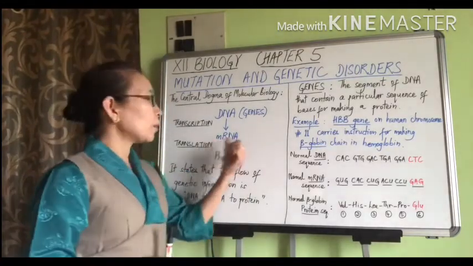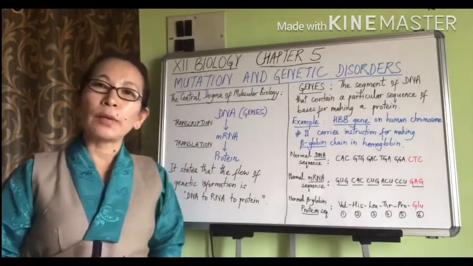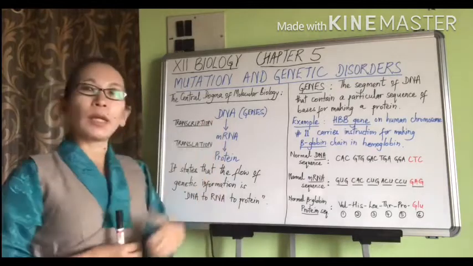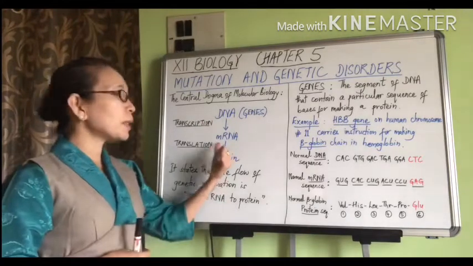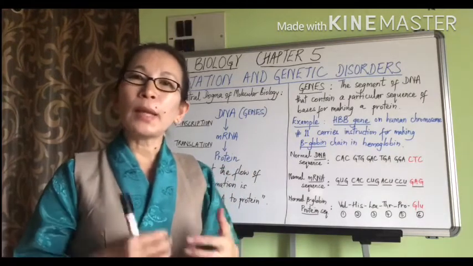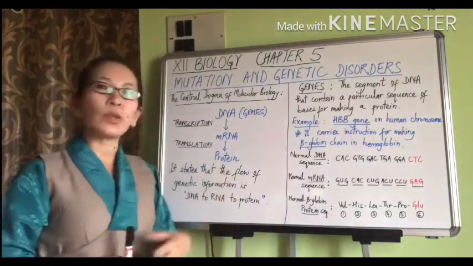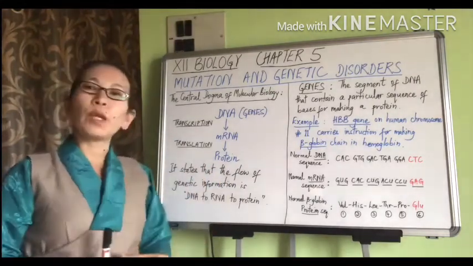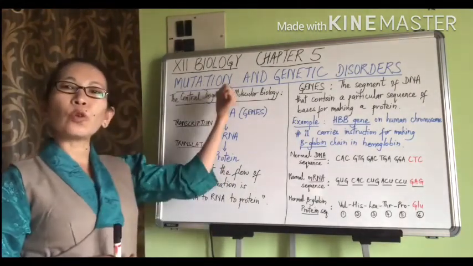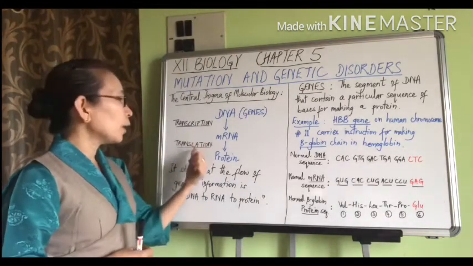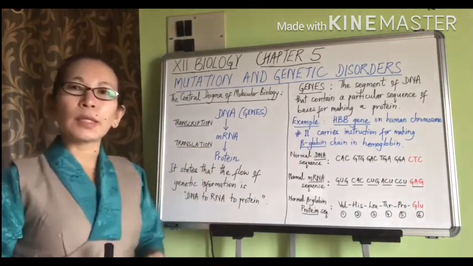The messenger RNA carries all the information of the DNA or the gene, then goes out into the cytoplasm and synthesizes protein. Such a flow of genetic information is the central dogma of molecular biology, and we are going to learn about these events in detail in our next chapter.